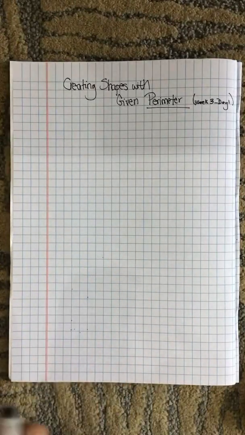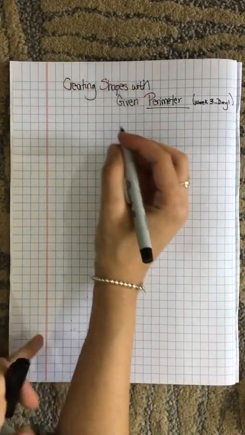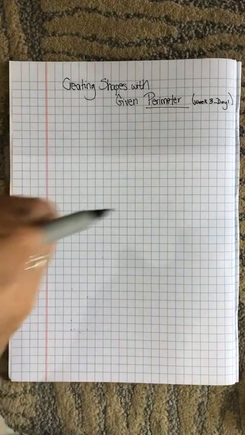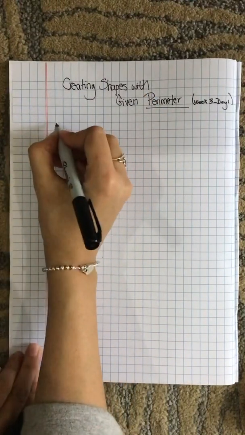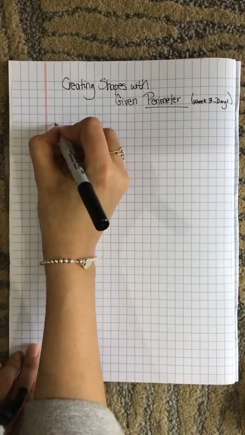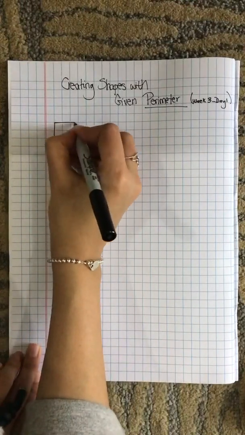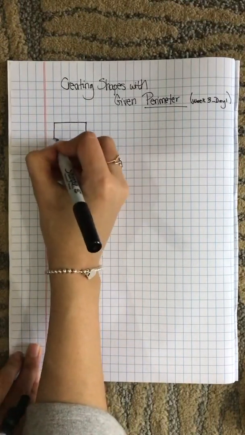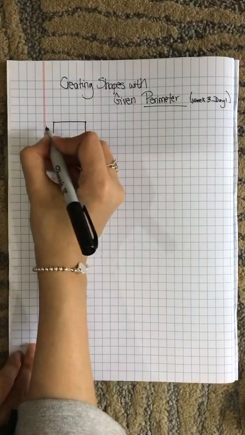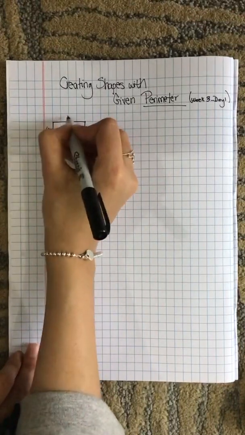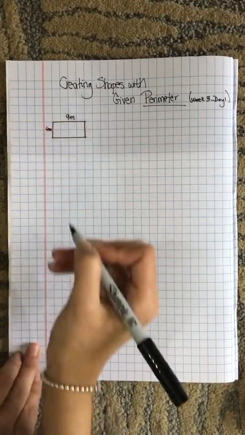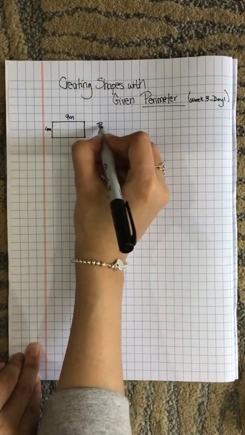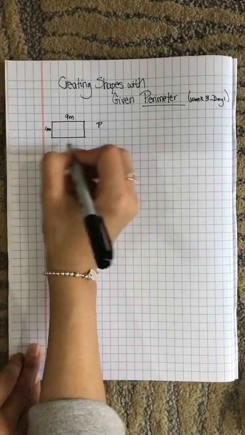Let me do a quick recap, although I shouldn't have to. By now I'm sure all of us understand that if I'm given a shape, and let's say this is 4 meters and this is 9 meters, I've been given the lengths of the sides.